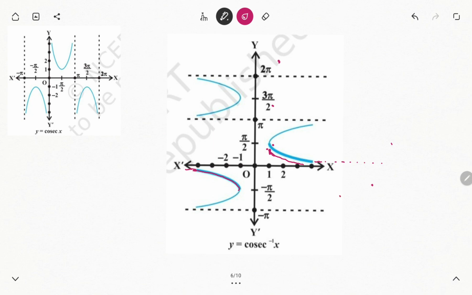So this is what will be the domain and what will be the range will remain same.